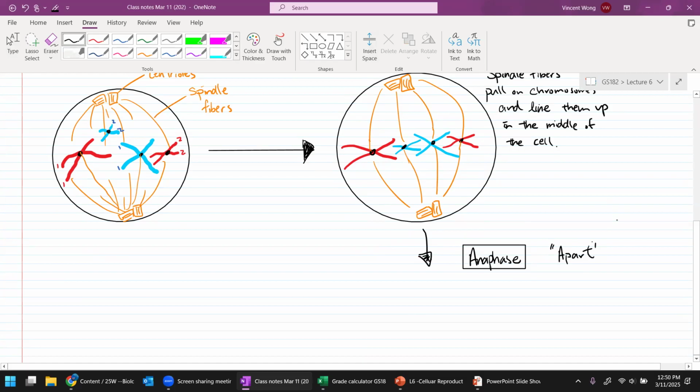The spindle fibers will now pull really, really hard until the sister chromatids separate from each other. Remember, the sister chromatids are identical copies of each other. So you want one copy to go to this half of the cell, and the other copy to go to the other half of the cell. So in the end, you get the same thing for both cells.